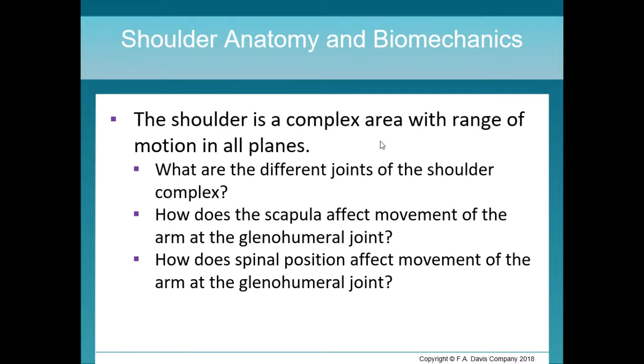If you look at table 23.2, there are different movements that we'll be going over and that you have to know, that are created at the shoulder. You can go ahead and try the movements, and if you don't know them, we will be going over them at a later time.